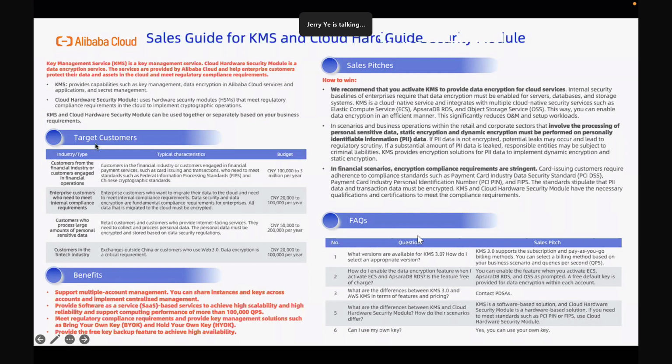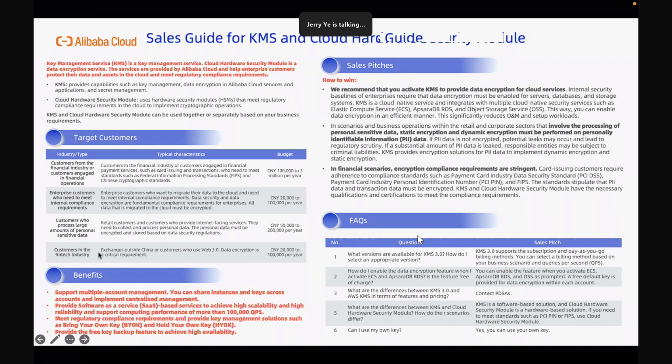And the target customers you can see: most of the customers who purchase the encryption services are customers from the financial industries or customers engaged in financial operations. The second one will be the enterprise customers who need to meet internal compliance requirements, such as encryption at rest.